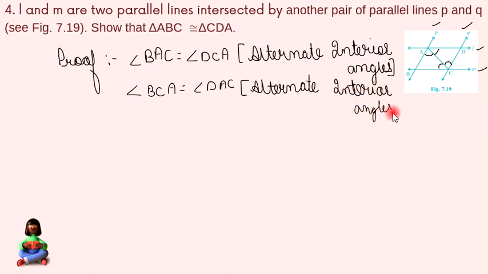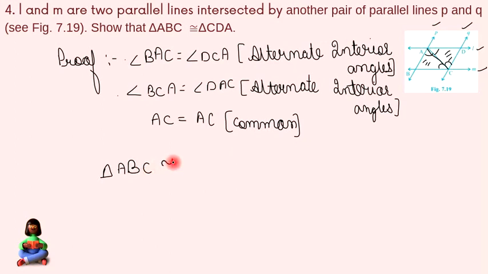Now we have to prove that triangle ABC is congruent to triangle CDA. Now you can observe that AC is common in both the triangles. So we can write AC is equal to AC, as it is the common side. So again here we got angle, side, angle.